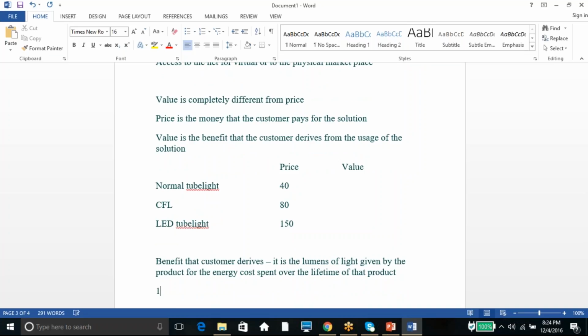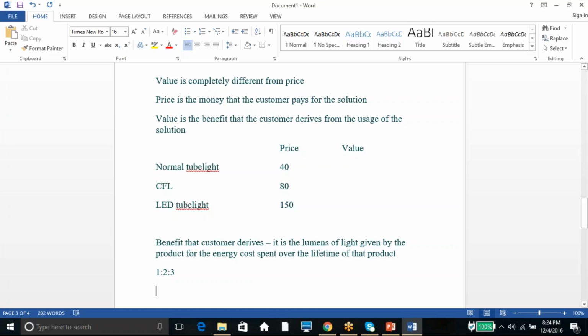If we put a ratio of 1 is to 2 is to 3, and say that a normal tube light works for 1 year, a CFL of the same wattage could work for 2 years, and an LED tube light for 3 years.